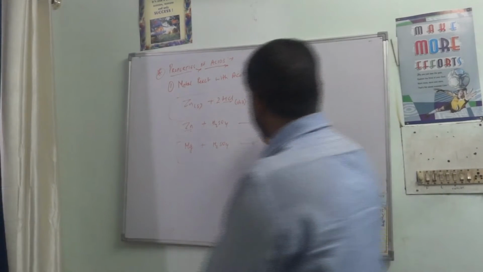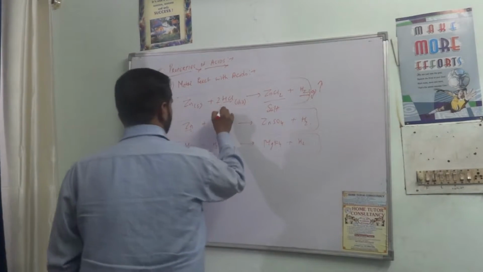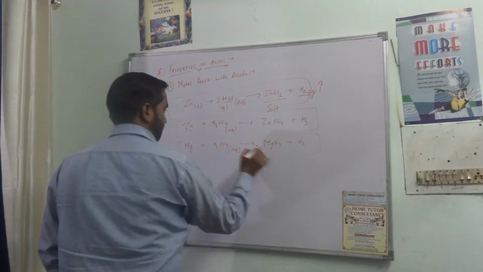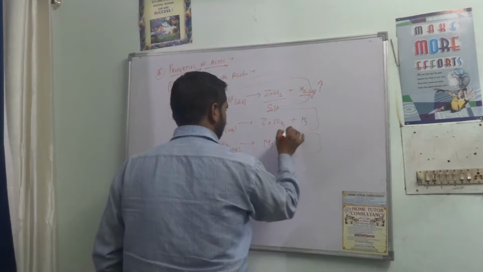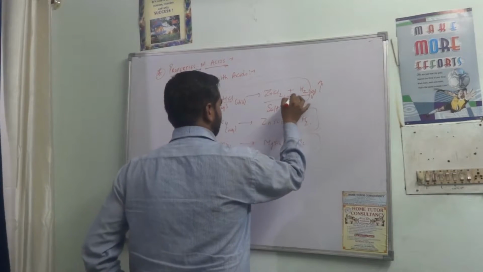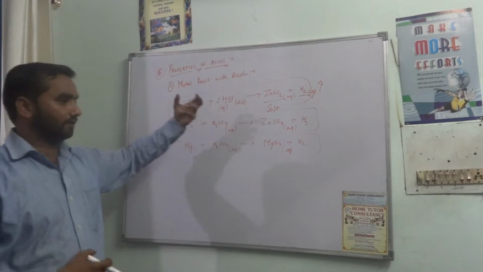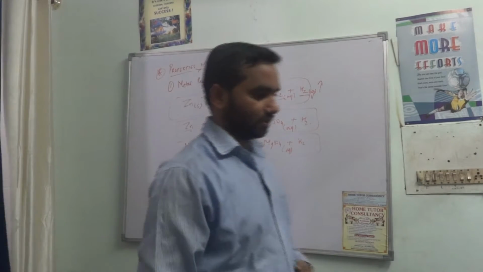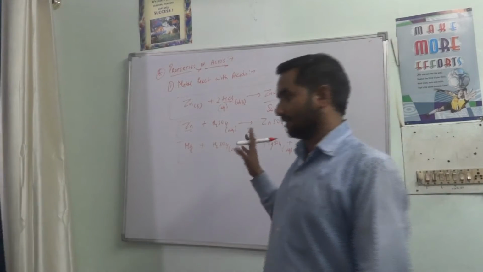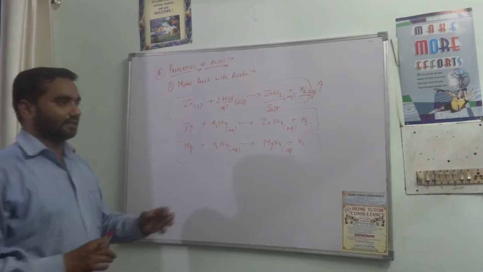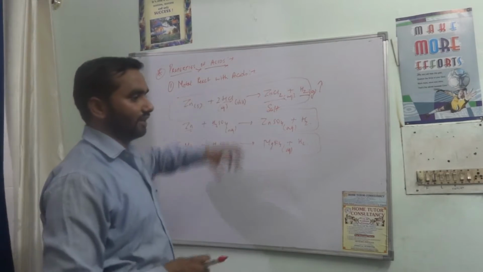The solutions of the acids are aqueous in nature. What is aqueous? Aqueous is the solution of acid in water, where the water soluble acids are dissolved in water, so they are called aqueous.